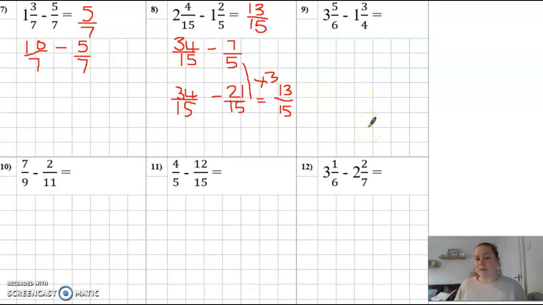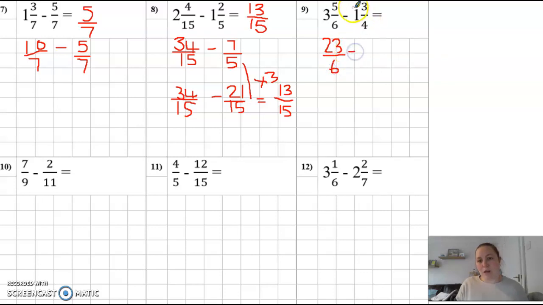Okay, number 9. Again, we've got mixed numbers, so first job, improper fractions, second job, common denominator. So my 3 wholes, 3 lots of 6, that's 18, and the spare 5, that's 23 over 6. For my first fraction.